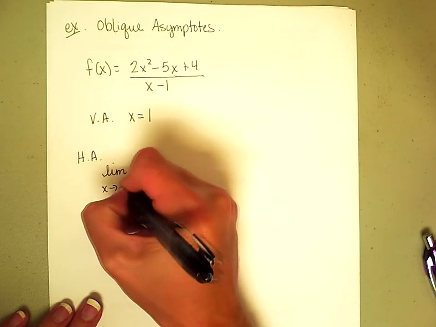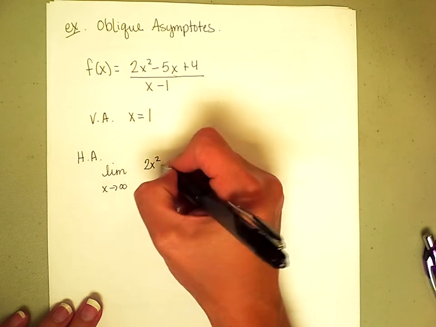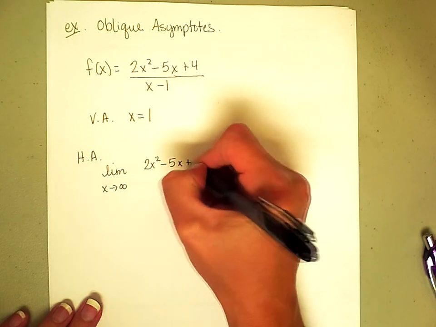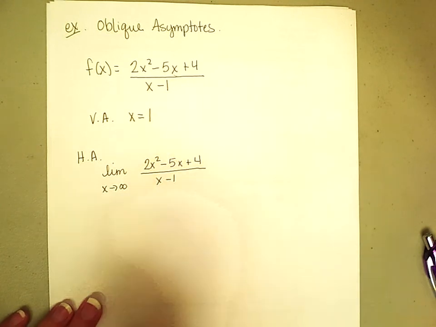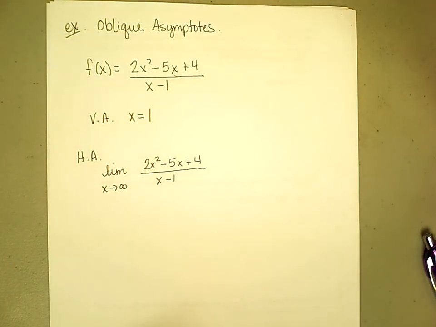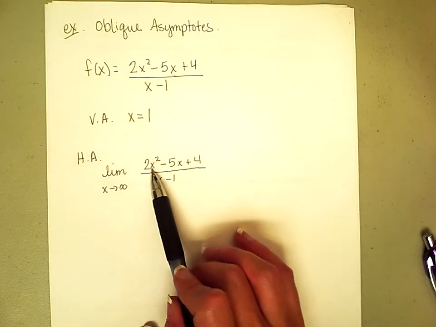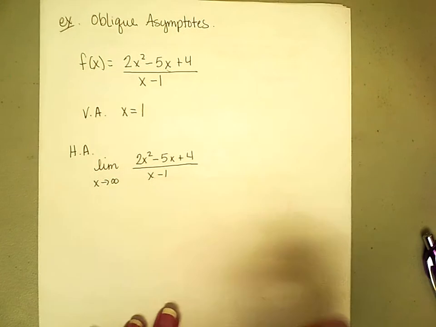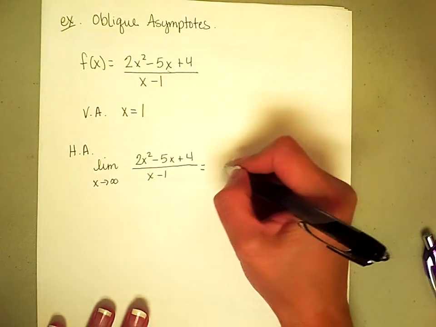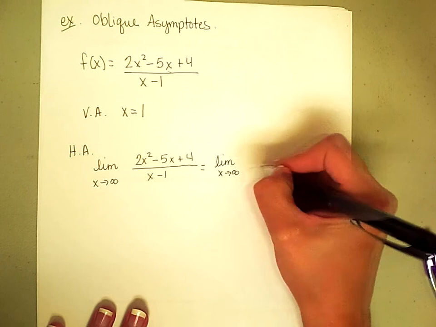We could try and ask about horizontal asymptotes, and again we'd be looking at the limit as x goes to infinity of (2x squared minus 5x plus 4) over (x minus 1). Again, if we do some direct reasoning here, this is some type of infinity divided by another type of infinity.